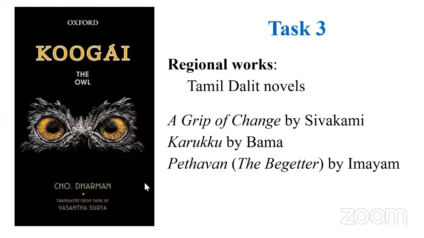Similarly, from your own mother tongue, from Telugu, from Malayalam, from Kannada, from Marathi, you can make a list of prominent Dalit literary works or novels. That way you can initiate yourself into Dalit literature.